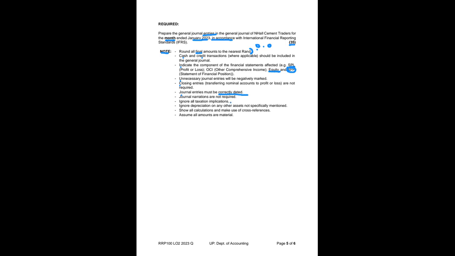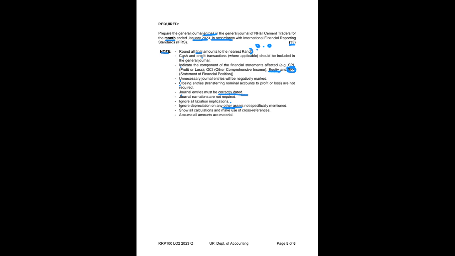So you won't really do tax implications until you learn tax. And then the next one is, if we did not mention any assets, right? So other assets that the entity might own, you should ignore depreciation on them, right? So if it's not included in our information above, don't worry about processing depreciation for them.